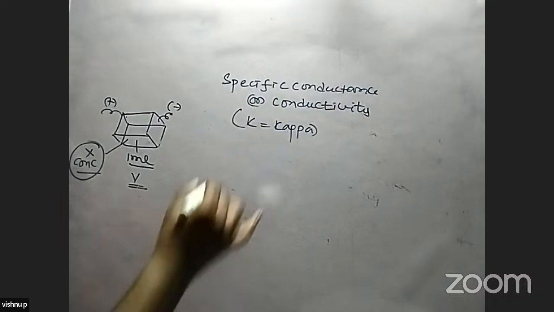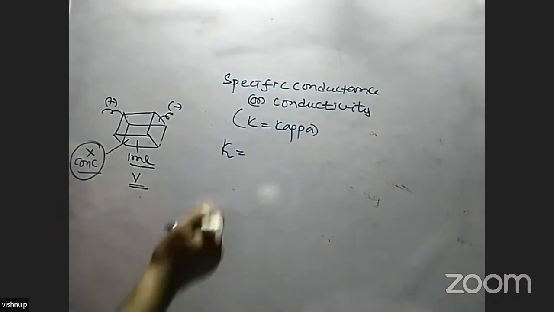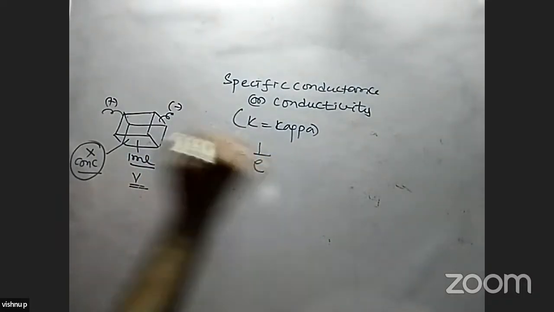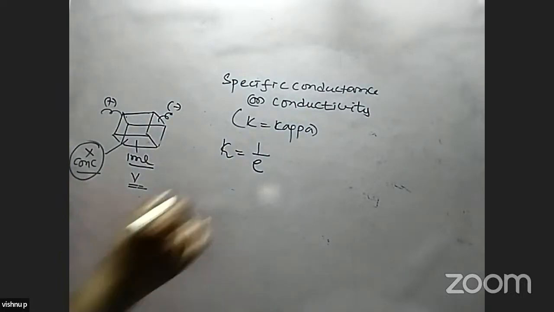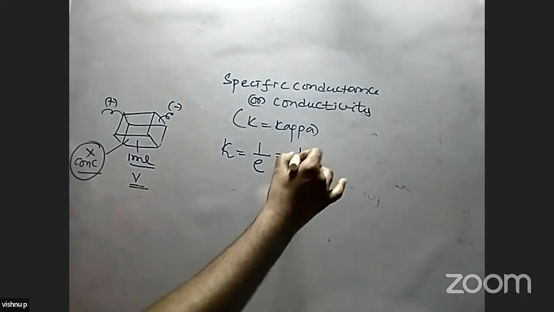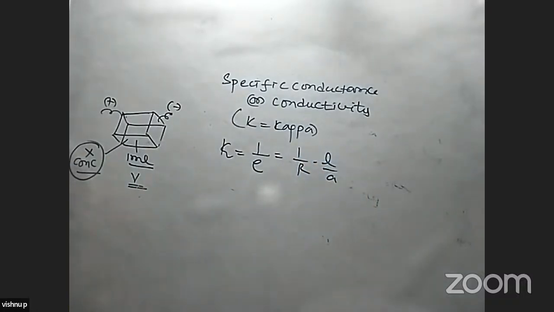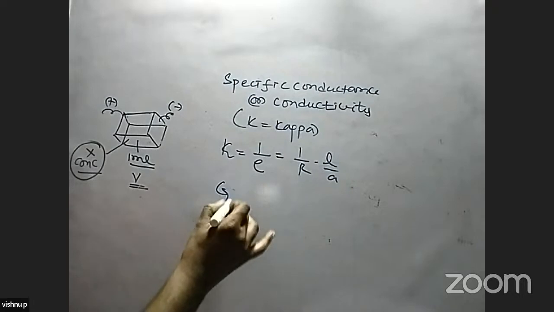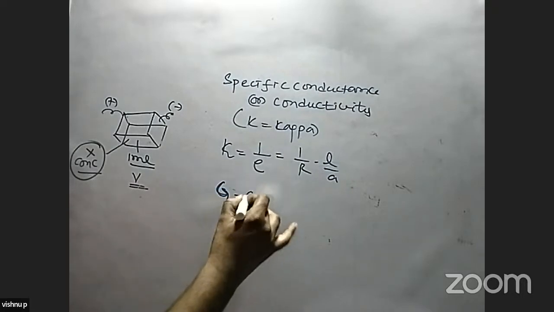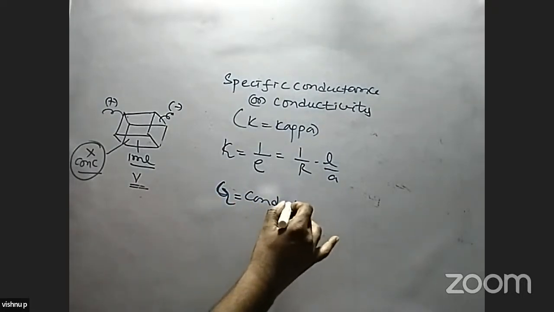Conductivity is denoted by kappa. Here kappa is equal to 1 by rho, and 1 by rho we can write as 1 by R into L by A. So 1 by R is called conductance.